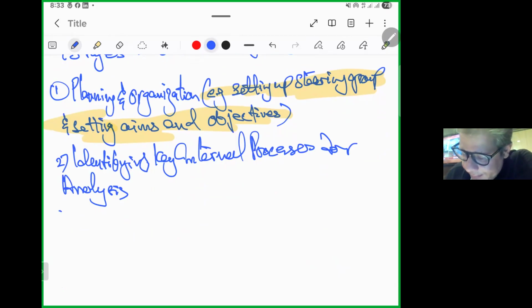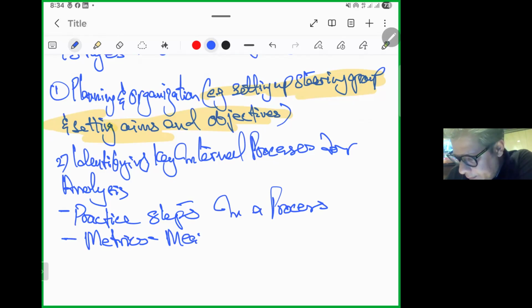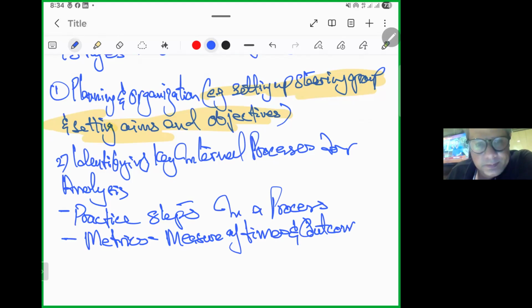Practice, steps in a process, metrics, and what metrics are: measures of times and outcomes.